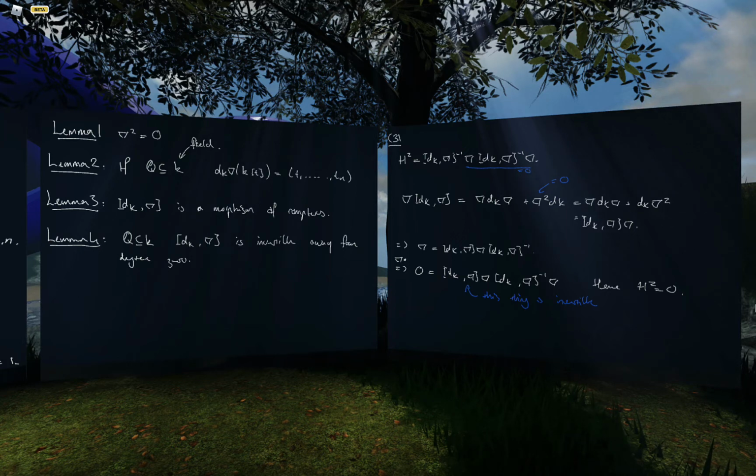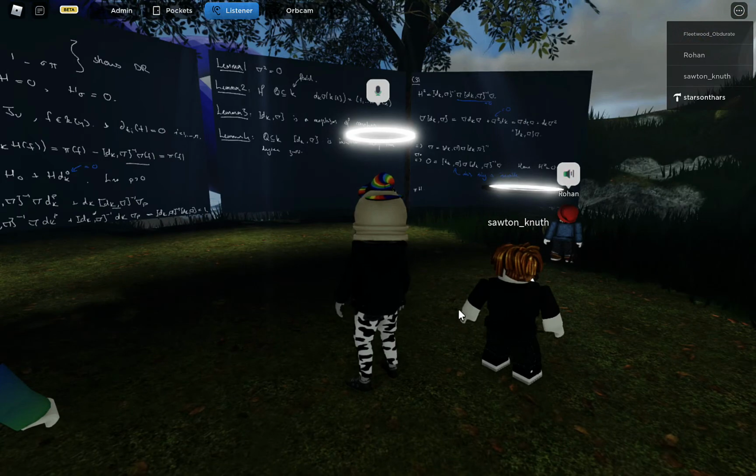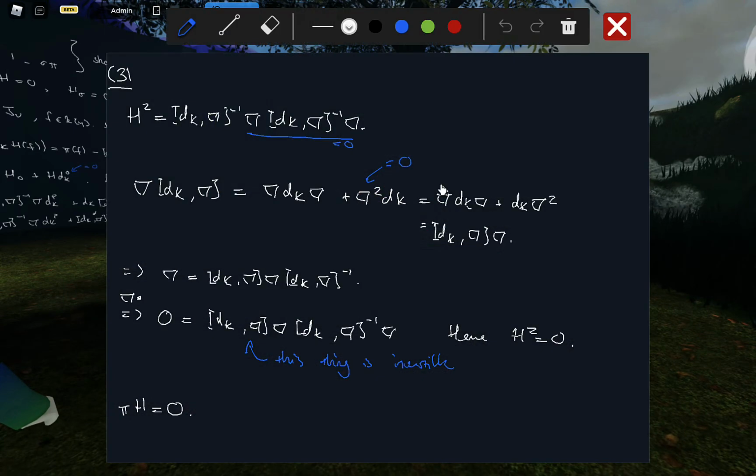Next, the next thing to show is that pi h is equal to 0. Wait, can I check that logic? So you're saying kind of multiply both sides on the left by dk nabla inverse twice or something to get h squared?